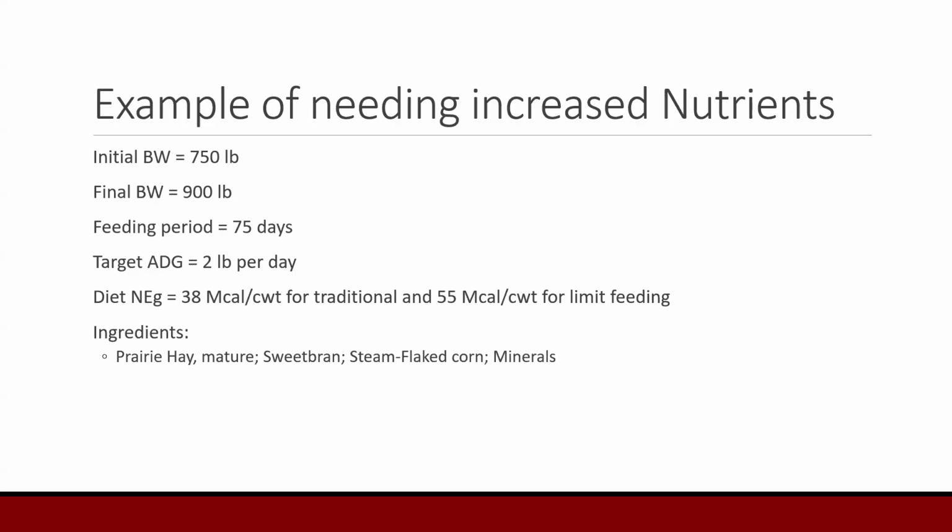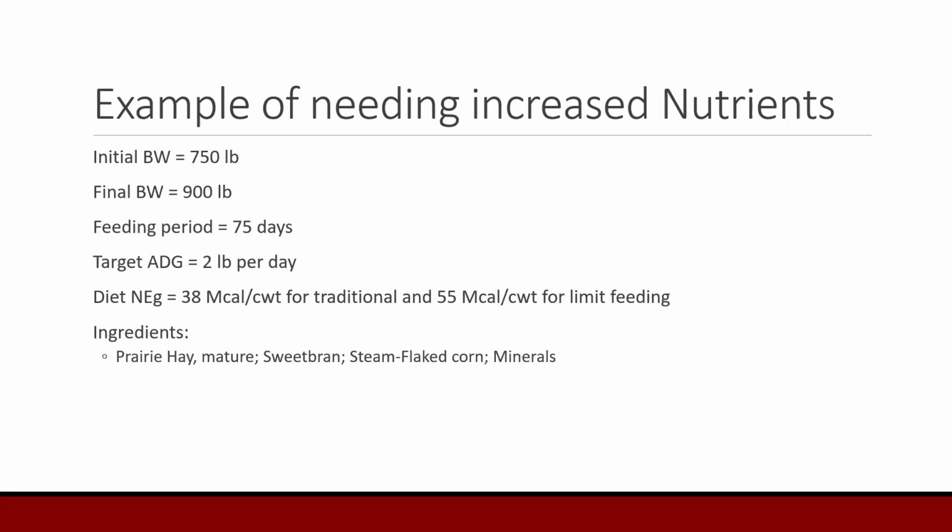All right. Let's look at an example of needing to increase nutrient content by limit feeding. Just to set the stage, I have a 750-pound initial body weight. Final body weight is 900 pounds. I want to feed them for 75 days, targeting an average daily gain of 2 pounds per day.